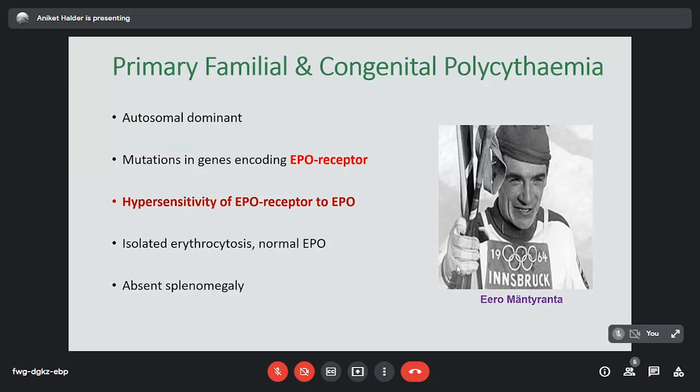It was speculated that this increased red cell mass helped him immensely, because it increased the oxygen carrying capacity, and hence it might have helped him to win 7 Olympic medals in 4 Winter Olympics.